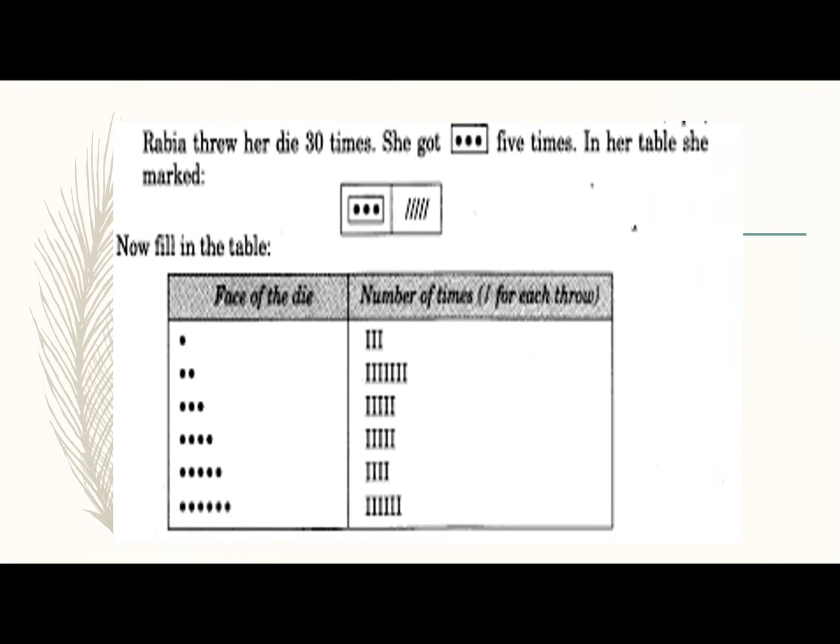Number of times she got 3. 2, how many? 1, 2, 3, 4, 5, 6, 7 times she has got. 3, 5 times. 4, 5 times. 5, 4 times. And 6, 6 times. So this way she analyzed how many times she threw her die and what is the number she got and how many times.